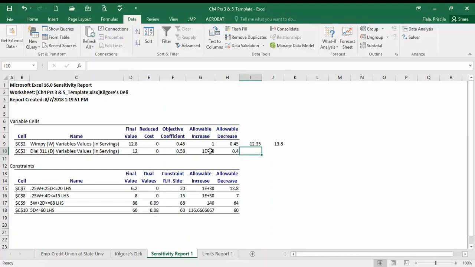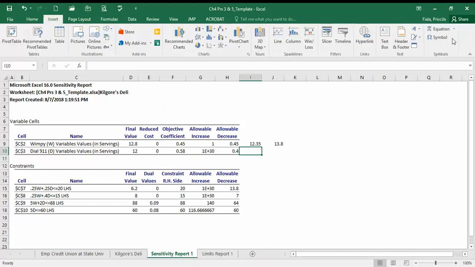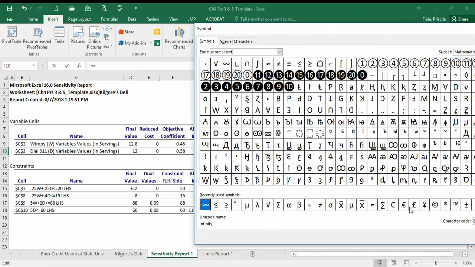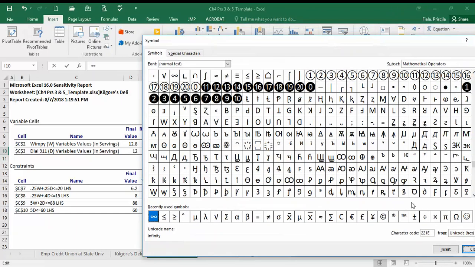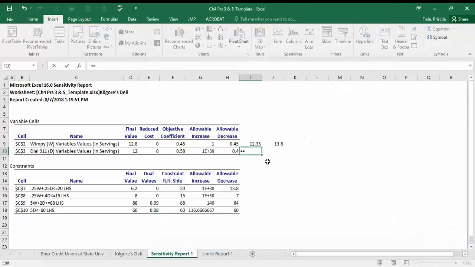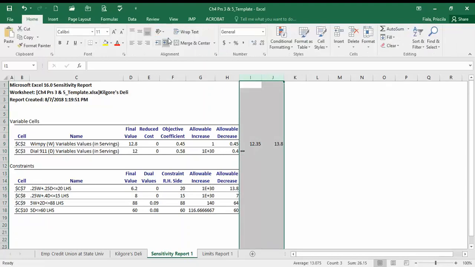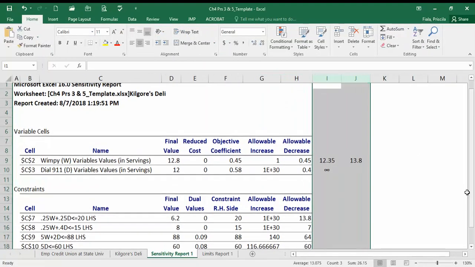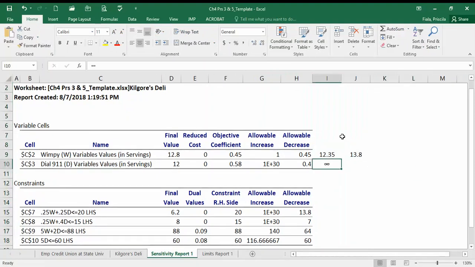Right here, this is an infinite. So really all we can do is to go ahead and insert a symbol, the infinite symbol, and close over here. Okay, so let me put this in the middle and let me make it a little bigger. There we go. So now actually I just did it wrong.